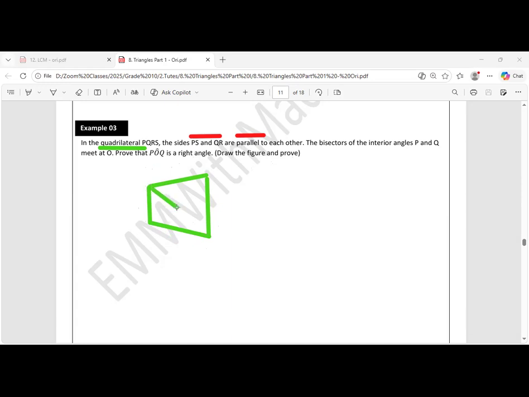I will draw this, and you can draw the same thing. Before doing that, I will name the things.